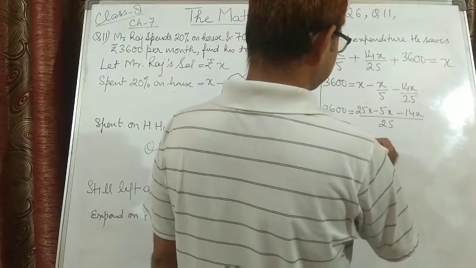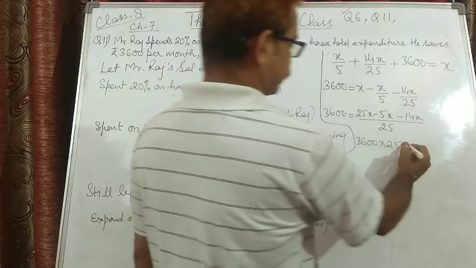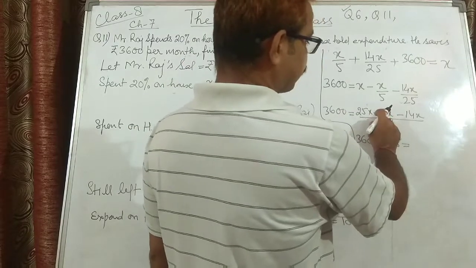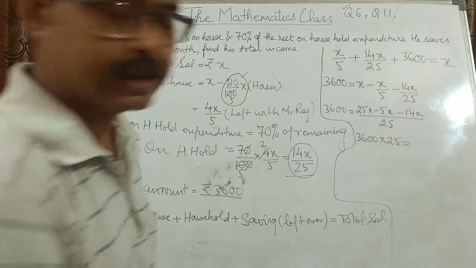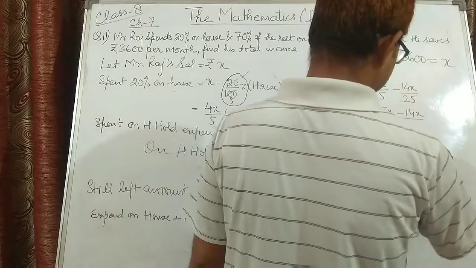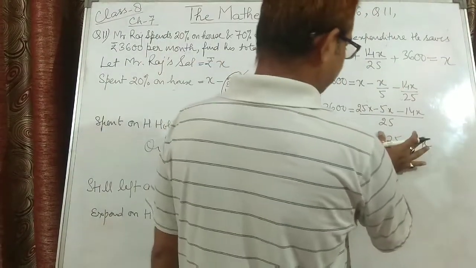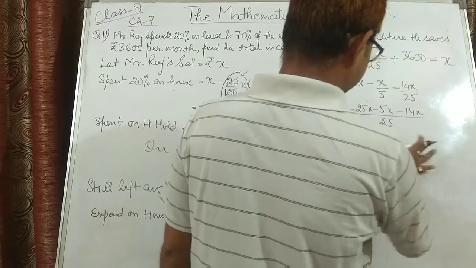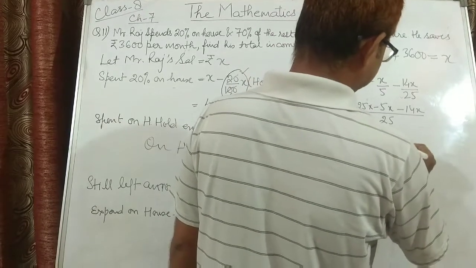Now 3600 into 25, cross multiplication. 5 and 14 is 19 and 25 minus 19 is 6x. So it became 6x. Or if you don't want to skip, you can add one more step. You can say this as 6x upon 25.